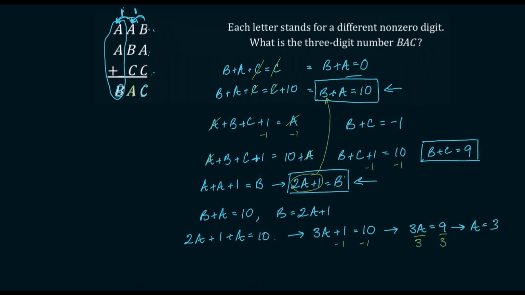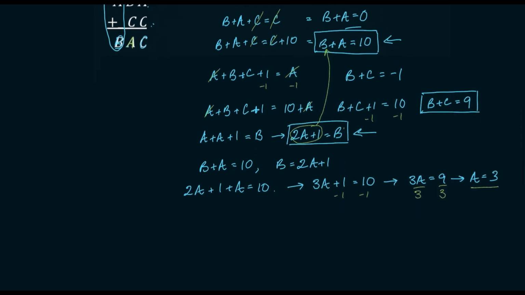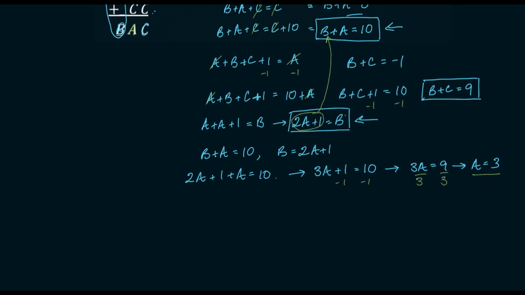Alright, so we have one of our values. Now, we have the value for A, and well, we've got our first equation, B plus A equals 10. We can use this to solve for B. So we had B plus A is equal to 10, and A is equal to 3.